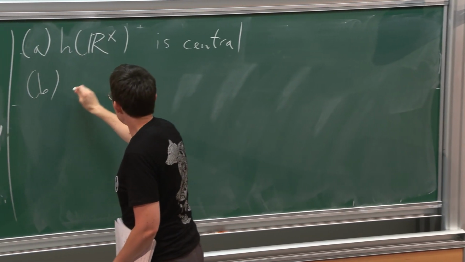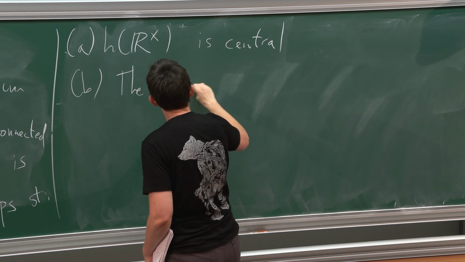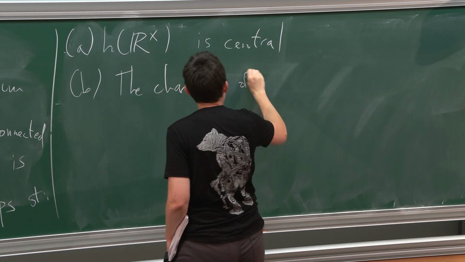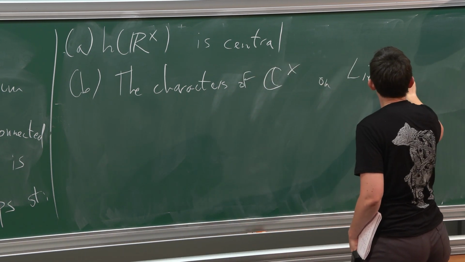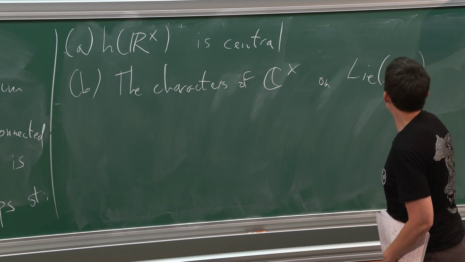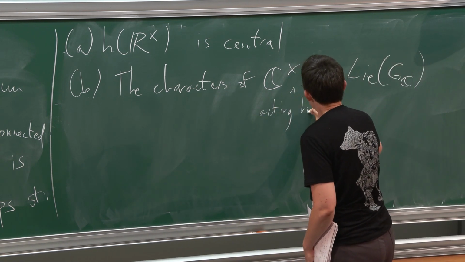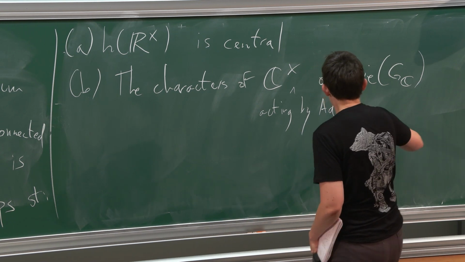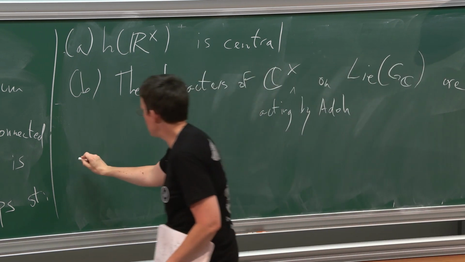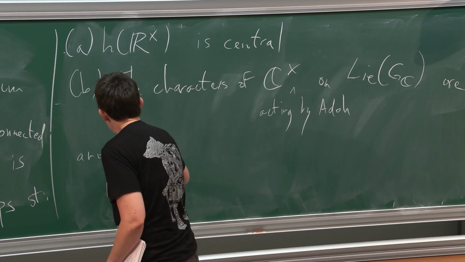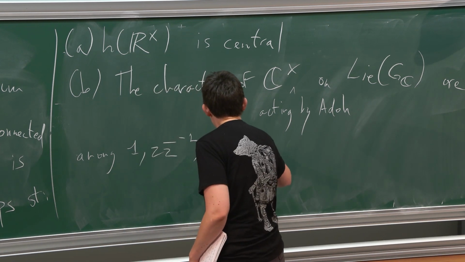So the condition is here, the characters of C star on the Lie algebra of G. So let's say G_C. So C star acting by Ad times H. They're all among 1, Z, Z bar minus 1, and Z minus 1, Z bar.